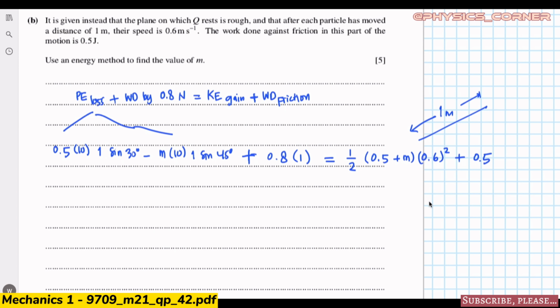Okay, this one is 2.5, because this is 10 times sine 30, a half.